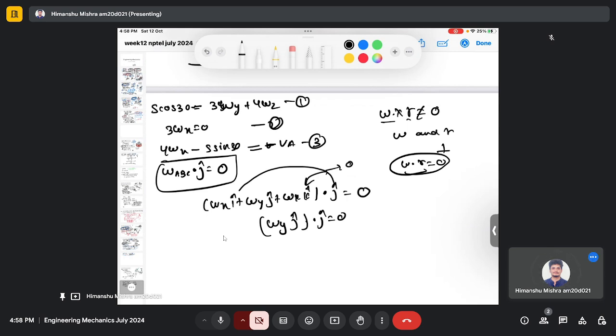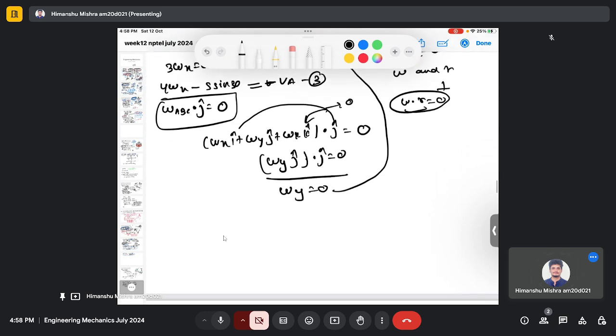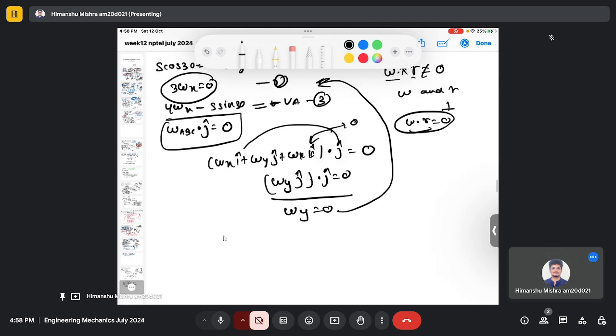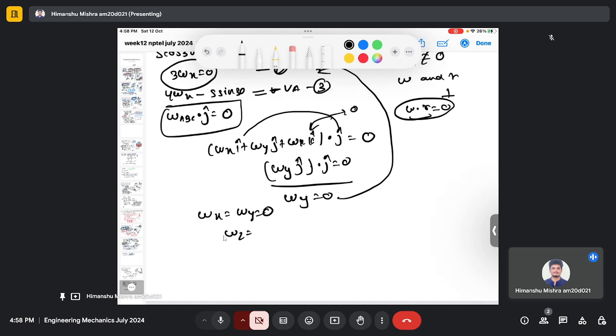So this gives you omega y equals 0. You put this condition in the above equation. From equation 2, omega x is also 0. So omega x equals omega y equals 0. Using the above equations, you will get omega z, which is 1.08 rad per second, and VA 2.5 feet per second. So this is our VA.